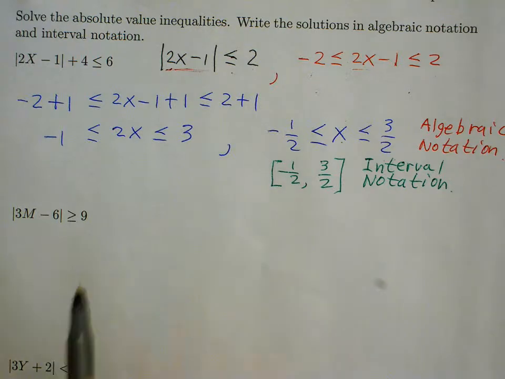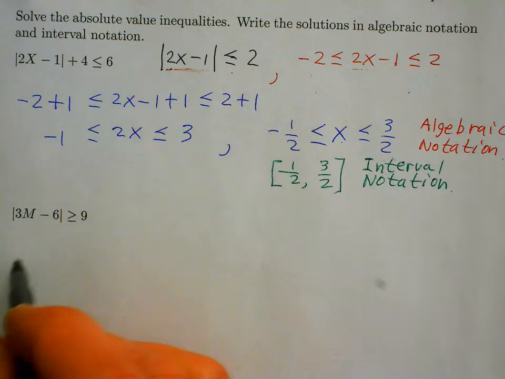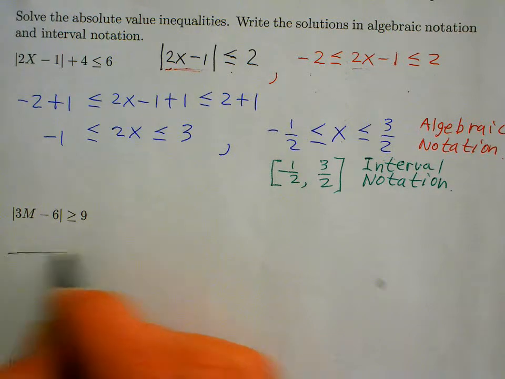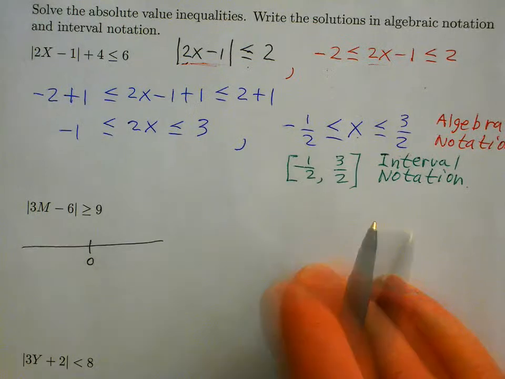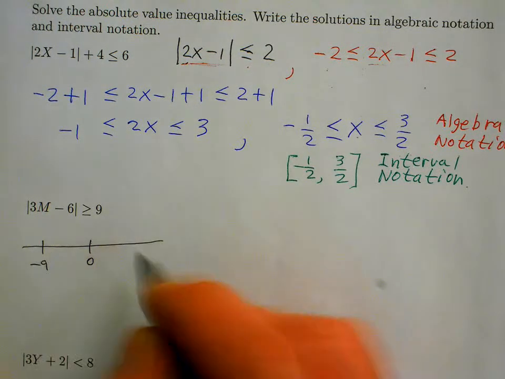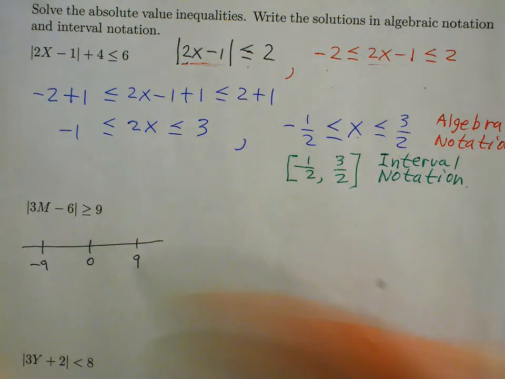So with that in mind, if we just sketch a graph, I'll plot 0, negative 9, positive 9.